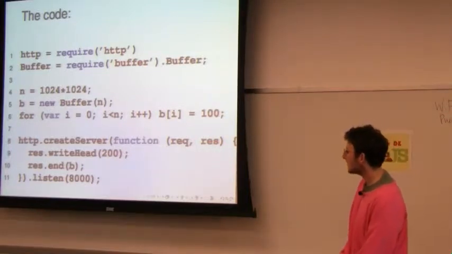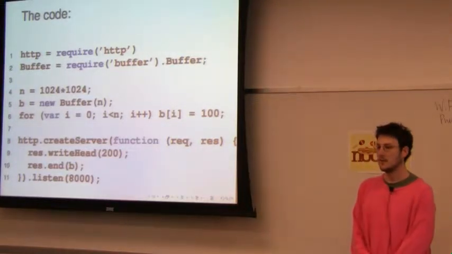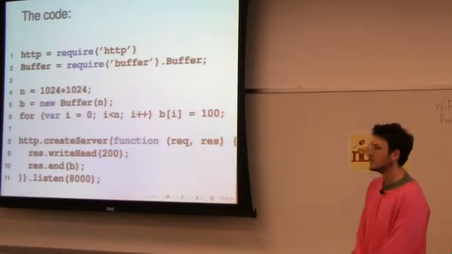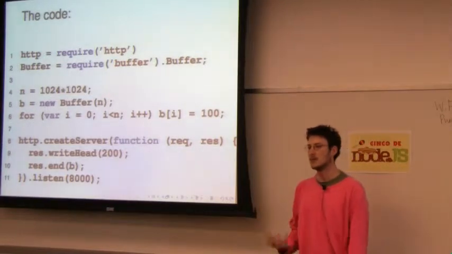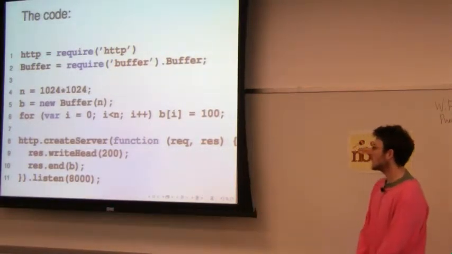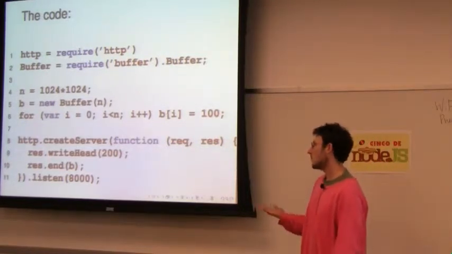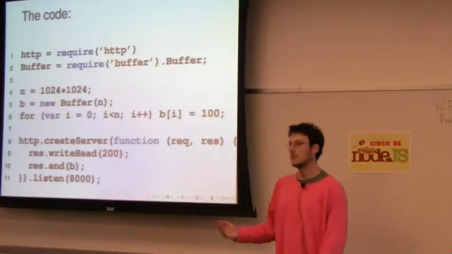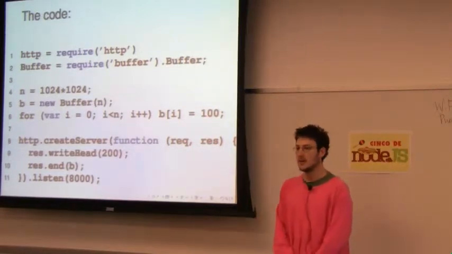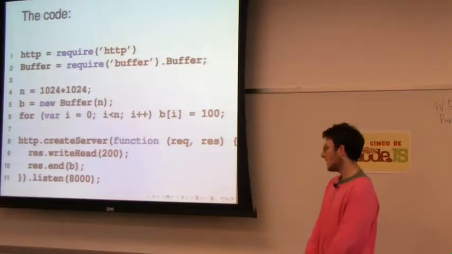And then in lines 8 through 11, we create a web server, and we give it a callback which is issued each time a request comes into the web server. What the callback does is it writes out a 200 OK HTTP head, and then writes out the buffer to it.